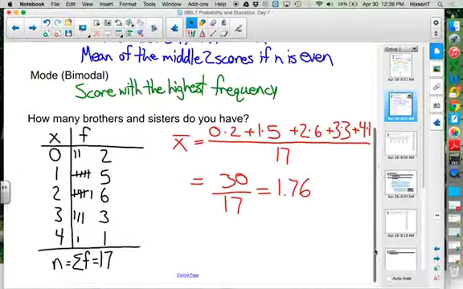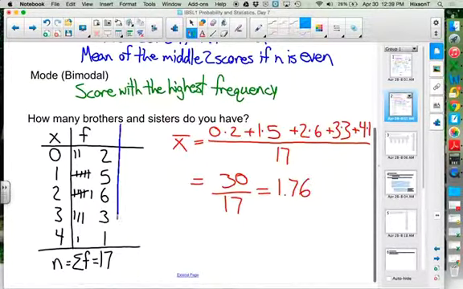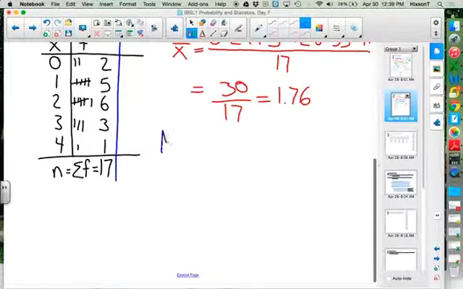When we're dealing with median, okay, the median, we have 17 scores here. Now here's a common mistake people make, and sometimes they get lucky and it works out, but often it doesn't. They look at these scores 0, 1, 2, 3, 4.